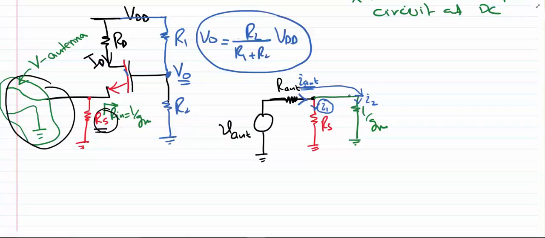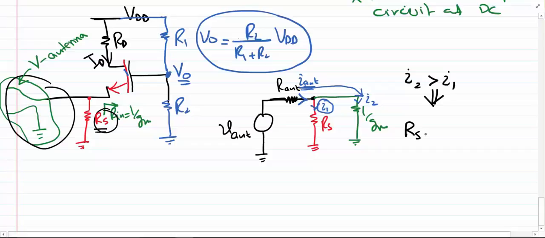So how do we make sure that the loss of signal is negligible? Well, we just hope that I2 is quite large as compared to I1, and we can make this true by picking a RS to be a fairly large number as compared to the input impedance of the MOS device, which in this case is 1 over GM.